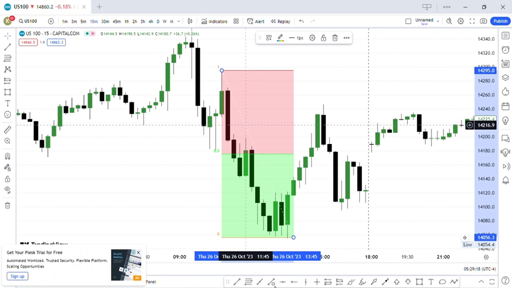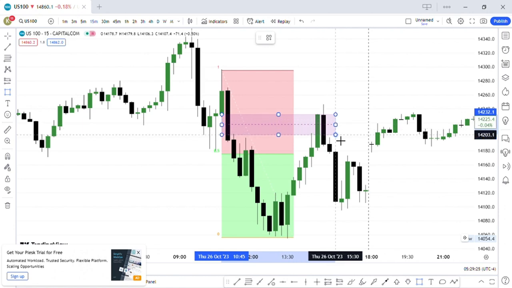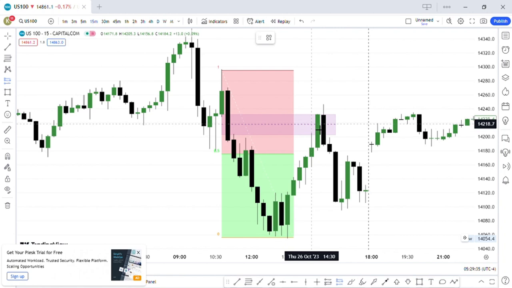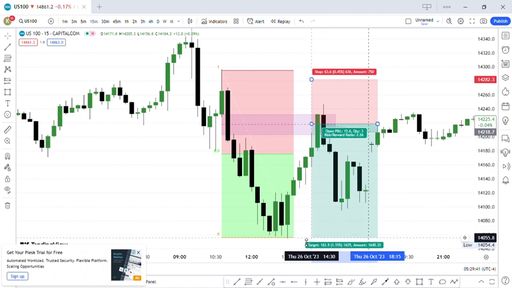We have a fair value gap. You take your sell position and you put it at the 50% of the fair value gap, and you target these lows, and you hide your stop loss just above this high.